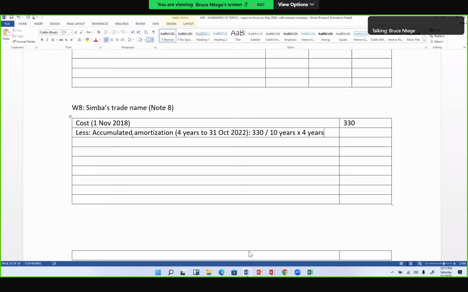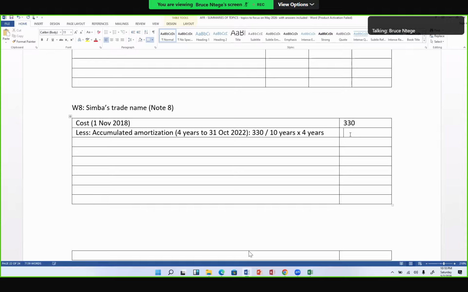Okay, so on my calculator, 330 divided by 10 years gives me 33, then times 4. I have 132, so I have 132 million.